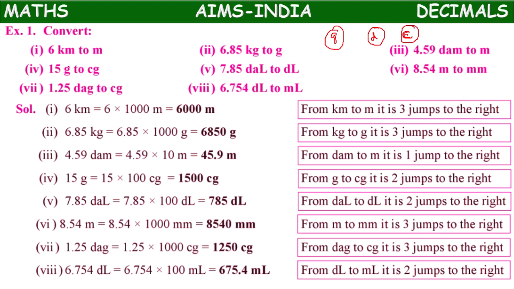So here we are jumping from gram to centigram, one step, 2 steps, from higher to lower. When we are jumping from higher to lower, 1 gram equals how many centigrams? For 1 step we multiply with 10. As we are moving 2 steps, 10 into 10, 100. So 1 gram equals 100 cg.